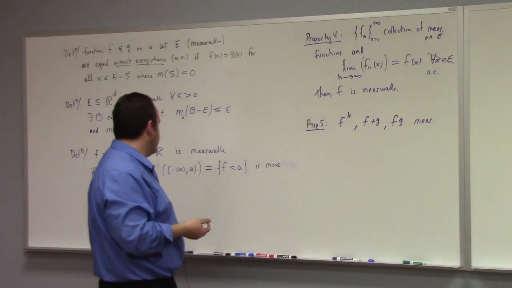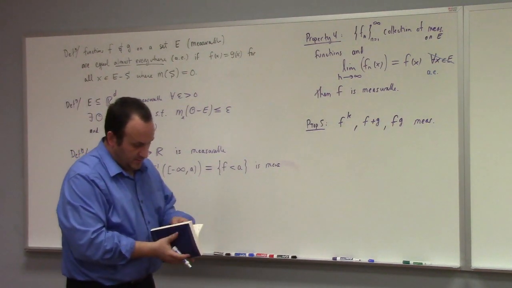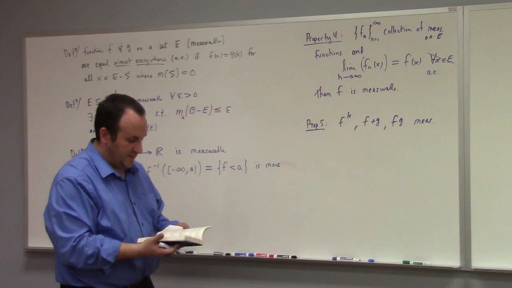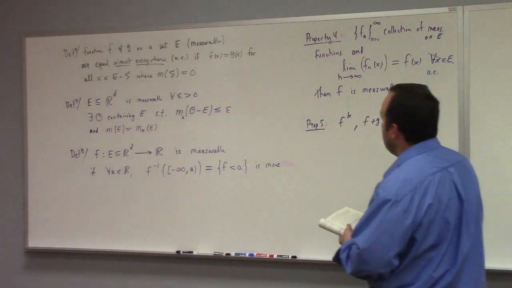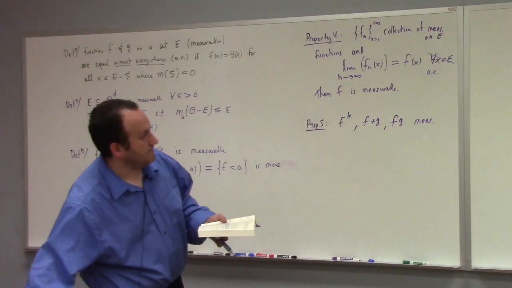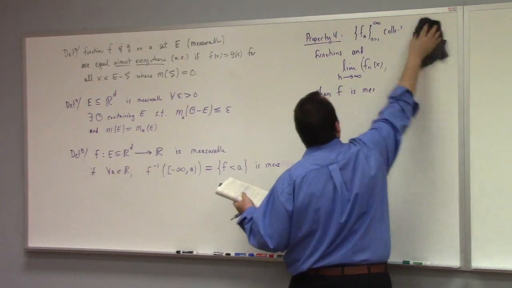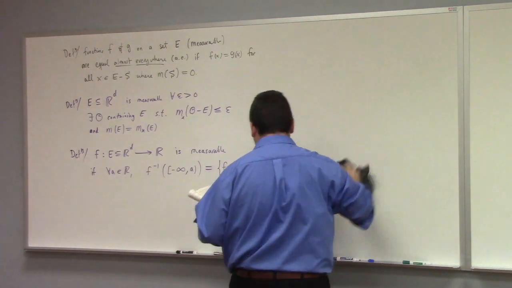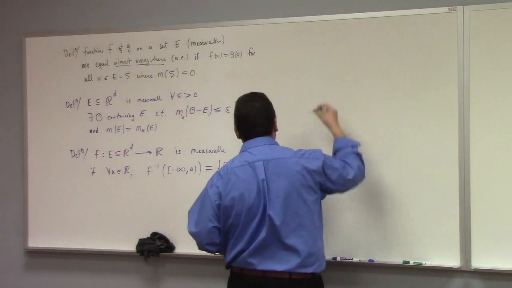And so anyway, that was that. And that leads us to the statement of Littlewood's three principles, which I probably should state here since we were done with that. Here goes.